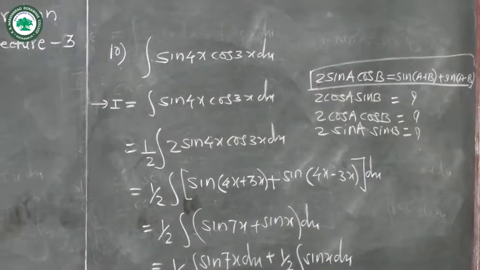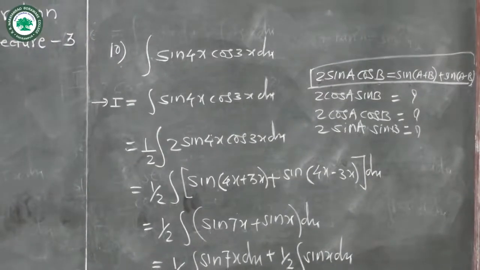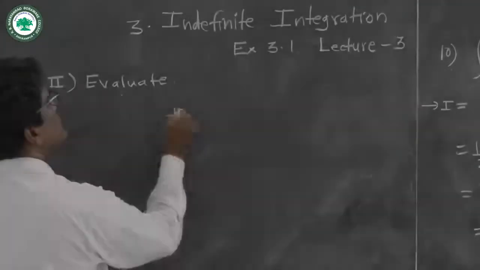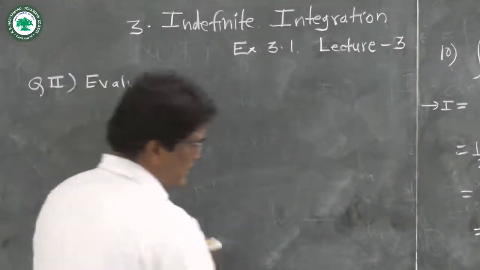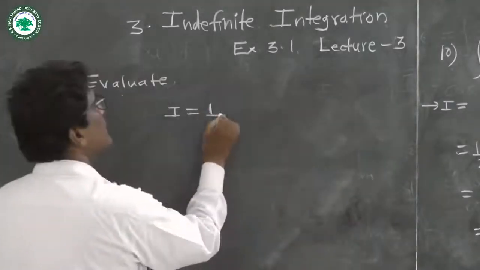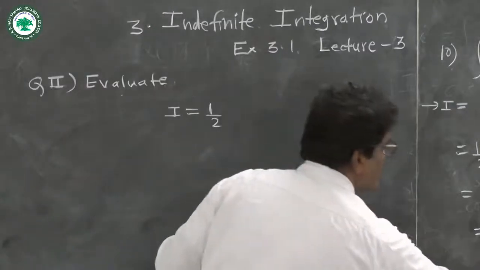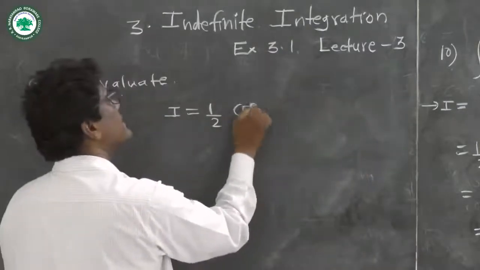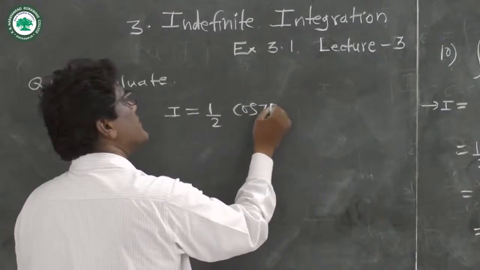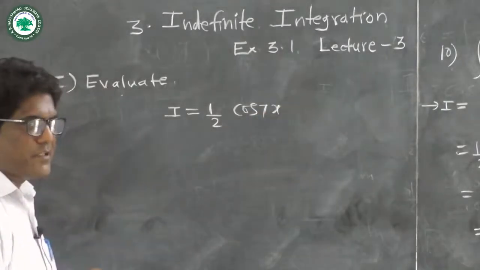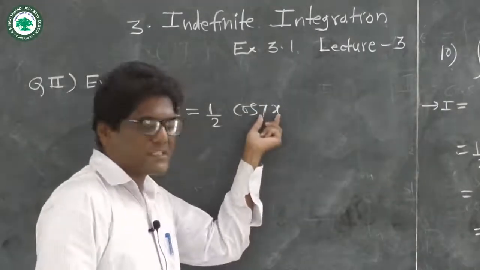Now the last step, the final solution. I is equal to 1/2 as it is, integration of sine. We know the integration of sine x is cos x, but instead of x there is 7x.